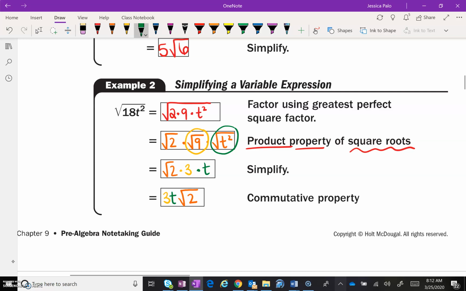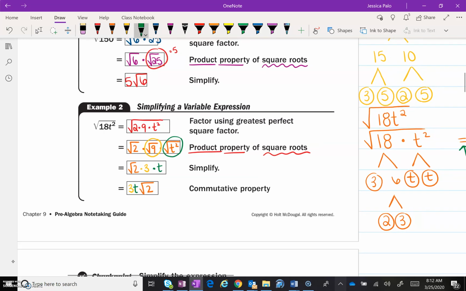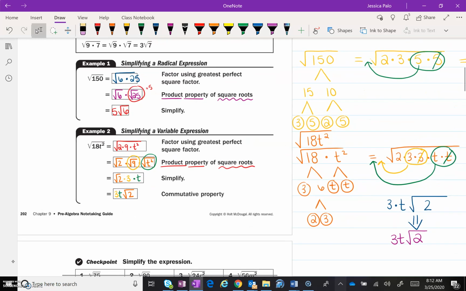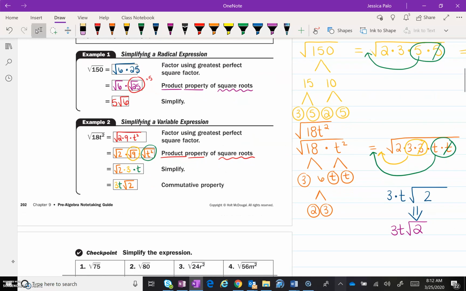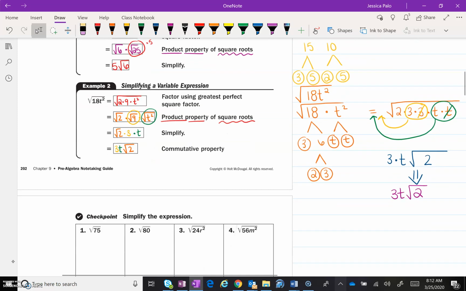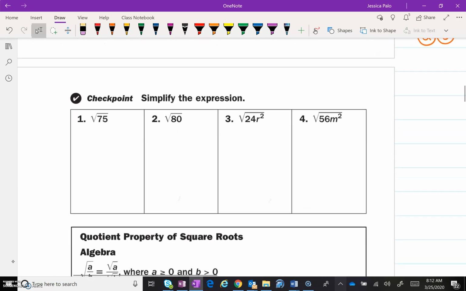You always want your coefficients with your variables to be in front of the radical, so we used the commutative property of multiplication to move the 3t in front of the radical, and that would be your final answer, 3t radical 2, which is the same thing that we got over here using the prime factorization or the Poodle method. So let's come down here and complete this checkpoint.